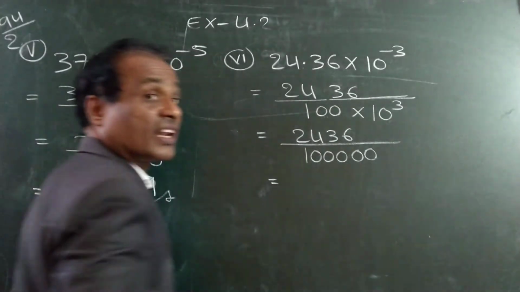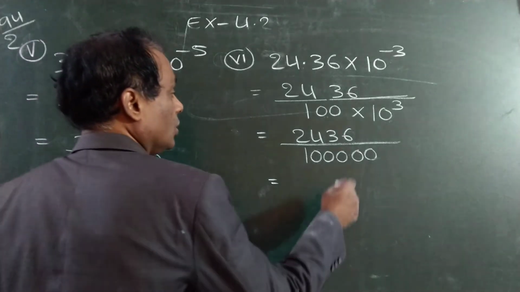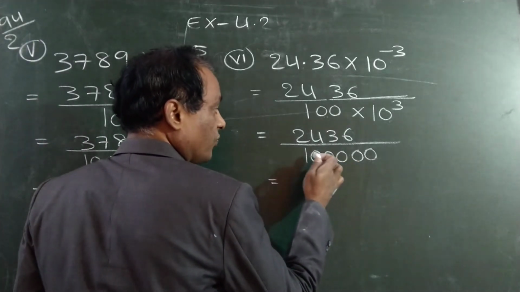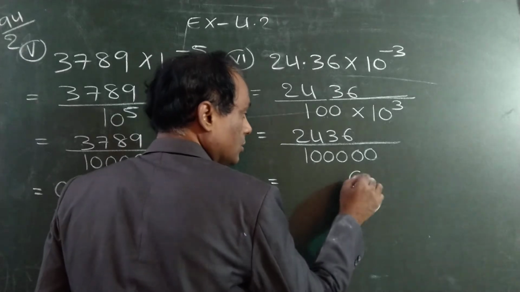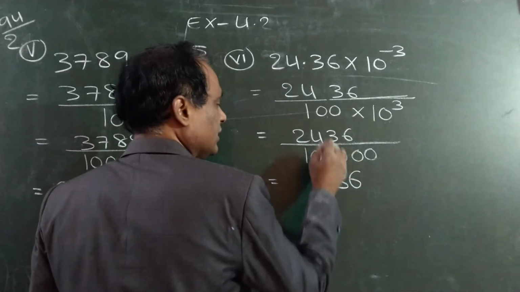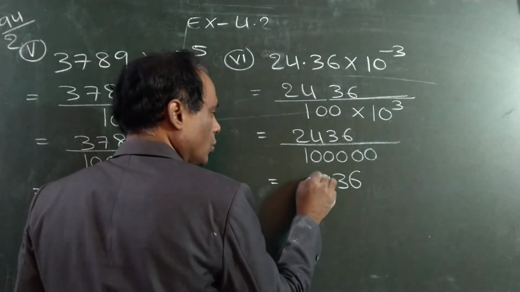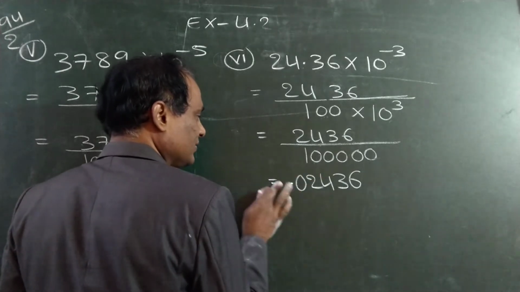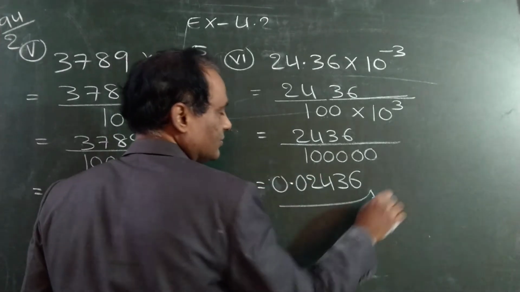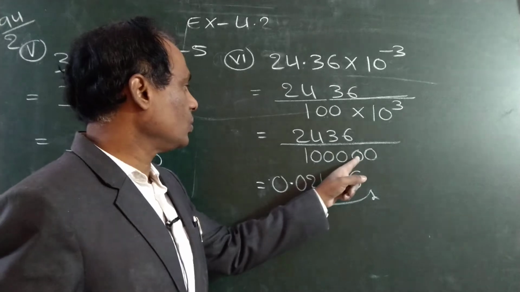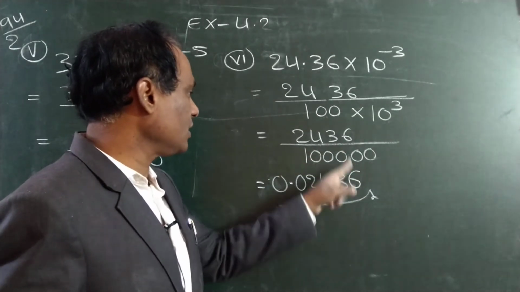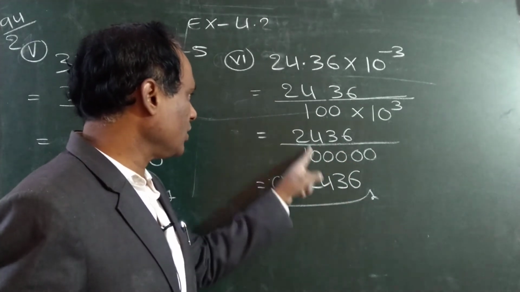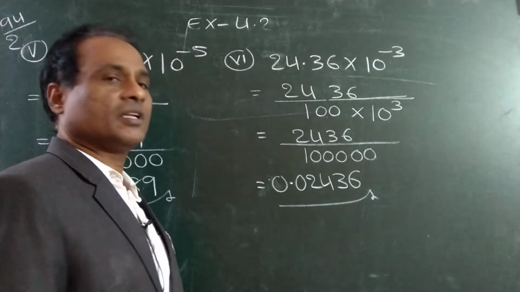Remove the zeros, write in the decimal form. 1, 2, 3, 4, 5 digits. So 1, 2, 3, 4, 0, decimal.